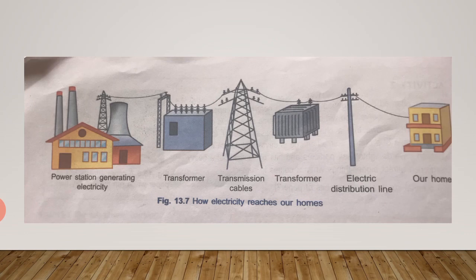Through the transformer the electricity is again transferred to the transmission cables. From the transmission cable to again small transformers. From the small transformer to the electrical distribution lines, which you will see outside your houses. From that, the electric current reaches our houses. So this is the way that electricity is transferred from the power station to our houses.